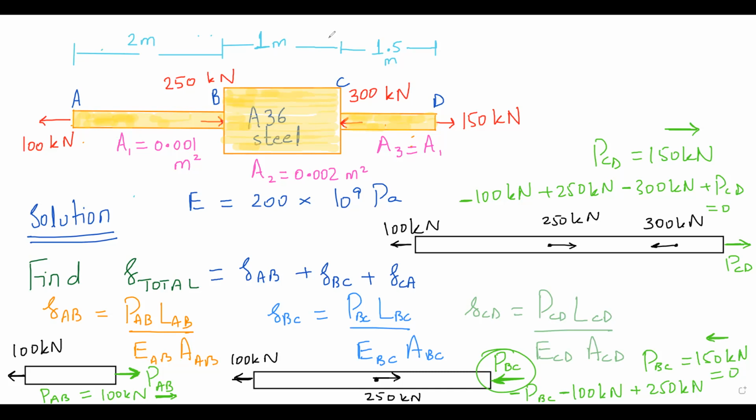You have to tell me which portion is in extension and which portion is in compression, because one or two of them might be in compression as well. That's the only tricky part of the problem. So you have to tell me which part of the structure is in compression and which part is in tension. And you also have to, of course, give me delta AB, delta BC, and delta CD.